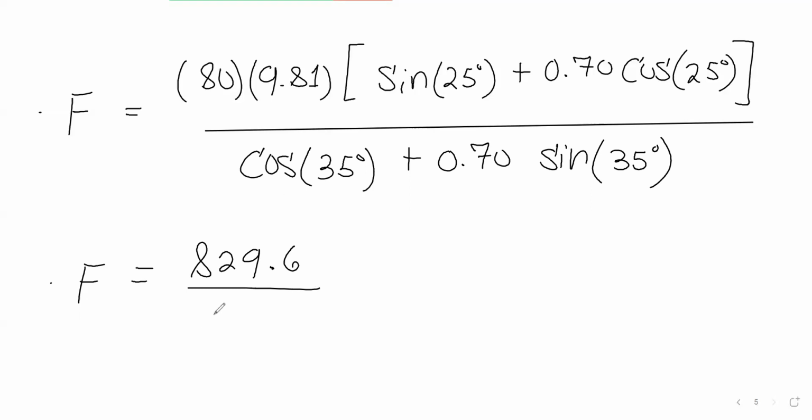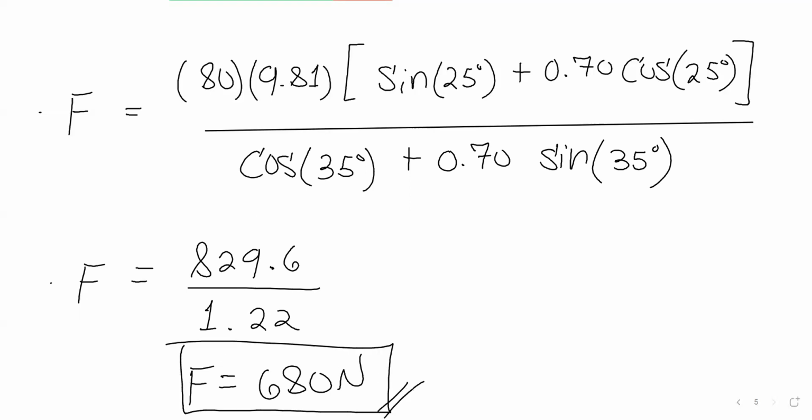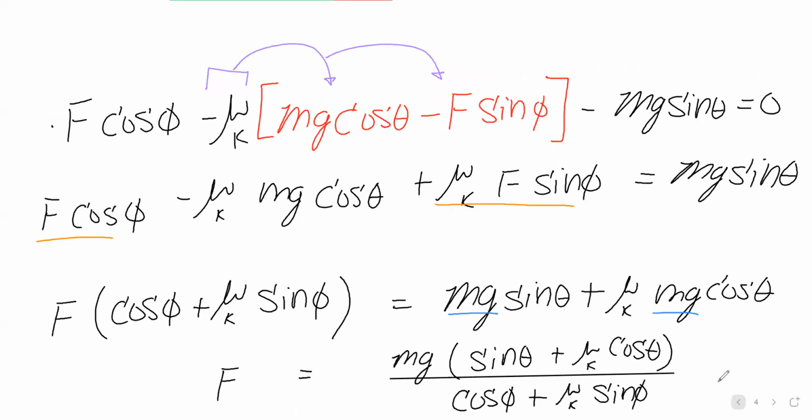And then for the denominator, I get about 1.22. So after you divide that, your final value for force is around 680 newtons. Final answer. So that's how you calculate the magnitude of force pulling a block up a ramp.